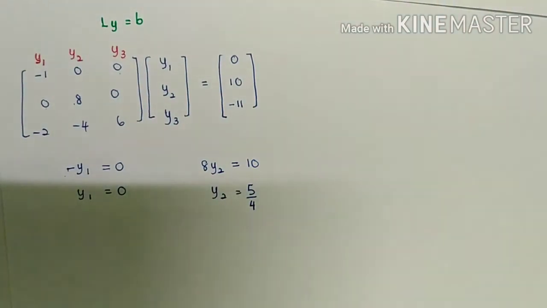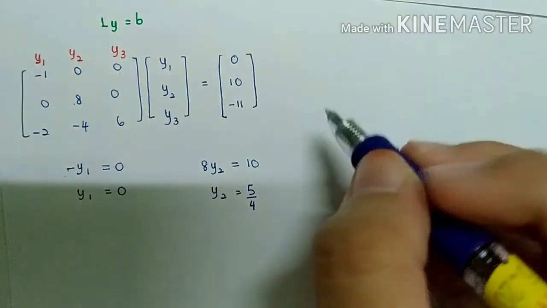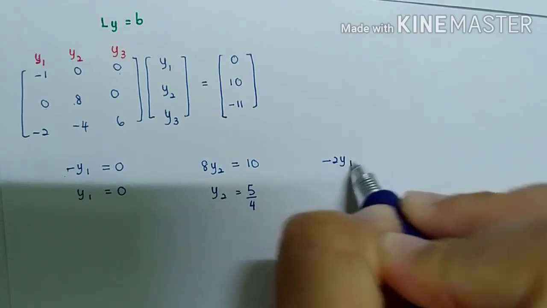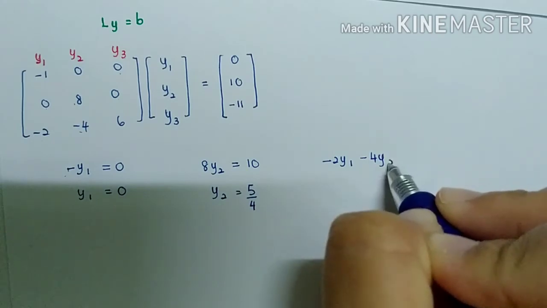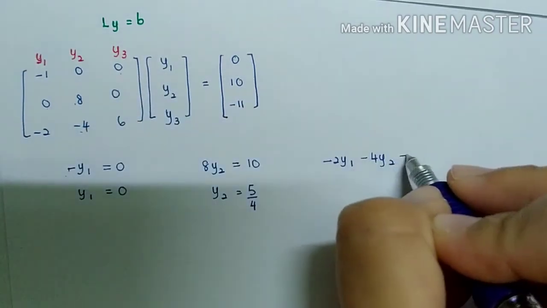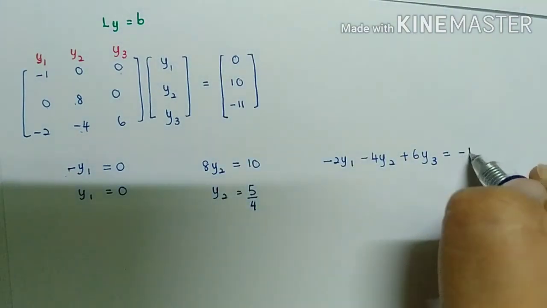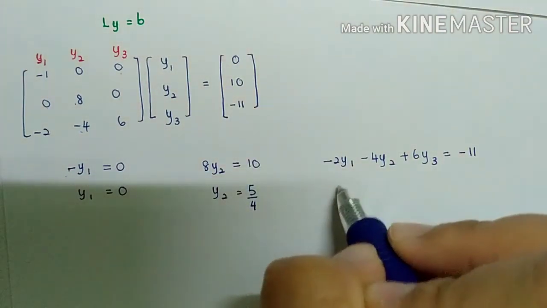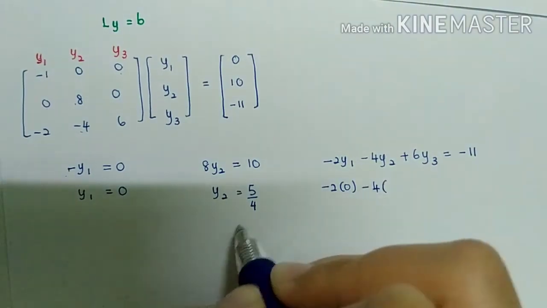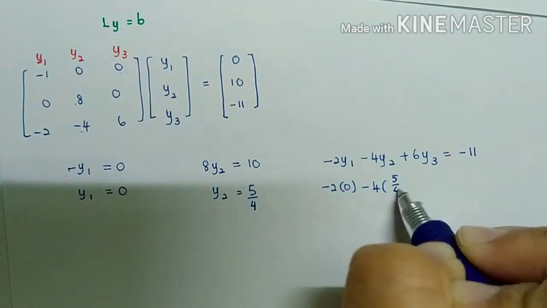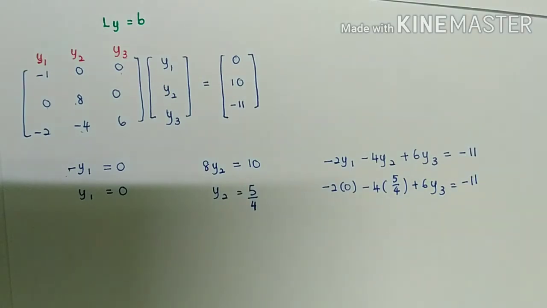Okay, and for the last equation, we have negative 2y1 minus 4y2 plus 6y3, and then equals negative 11. So we substitute the value of y1 equals 0, minus 4 times y2 which is 5 over 4, and then plus 6y3 equals negative 11.